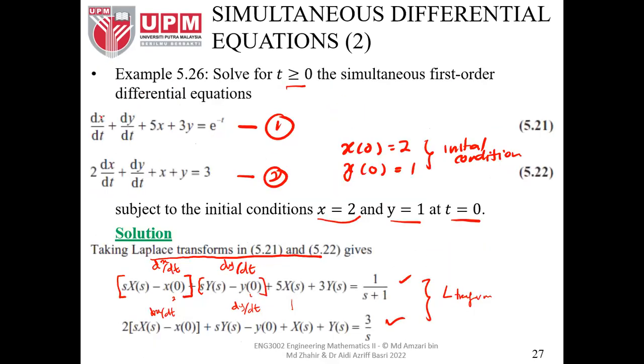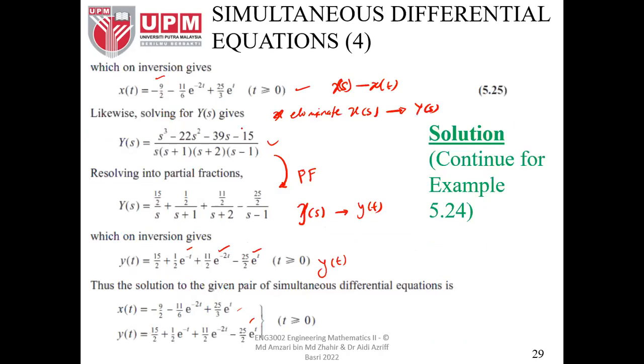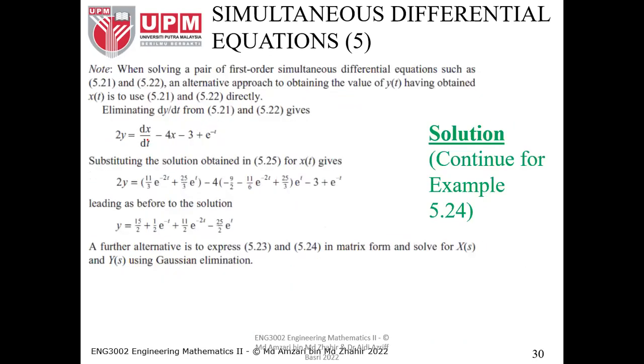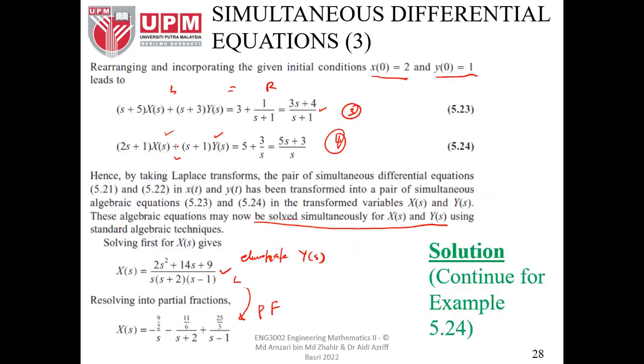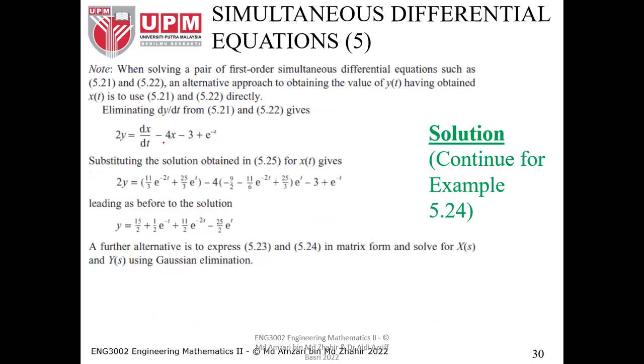So we eliminate dy/dt, not dx/dt. Then you have dx/dt and the rest. You can simplify it, so it remains dx/dt, with 2y on the left side and the rest on the right side.